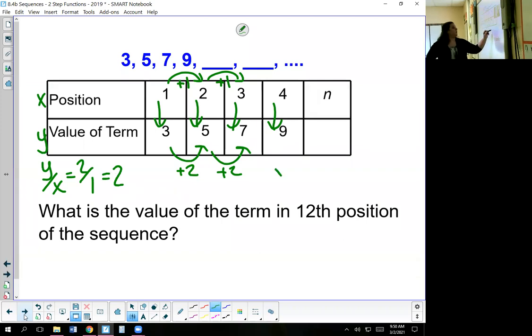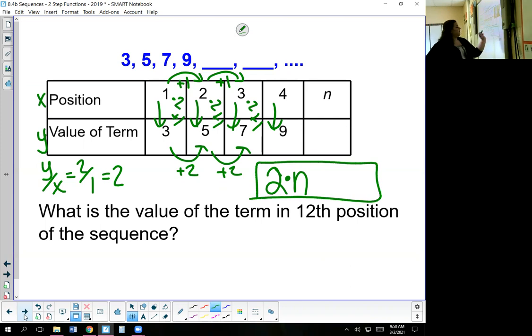Therefore, I would take my 2 and multiply it by n. But if I multiply by 2, I then have to add 1. Does that work? Times 2, add 1. Yes. So the algebraic expression is times 2, add 1. So 2n plus 1 is how I would find my terms.